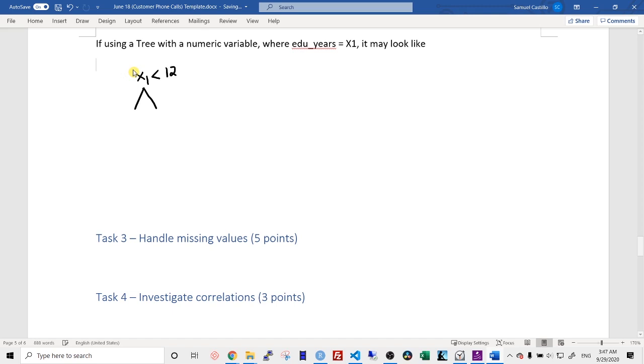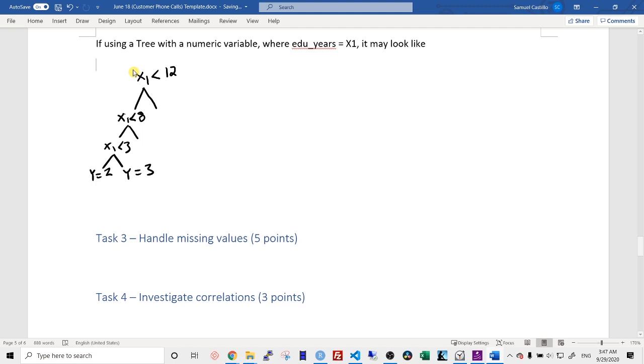Which would be, does the person have less than 12 years of education? If this is yes, it could ask, is x1 less than 8? And then based on this, it would ask another question, is x1 less than 3? And then, based on this, it might make a prediction and say, y is equal to 2, and if no, it would say y is equal to 3.